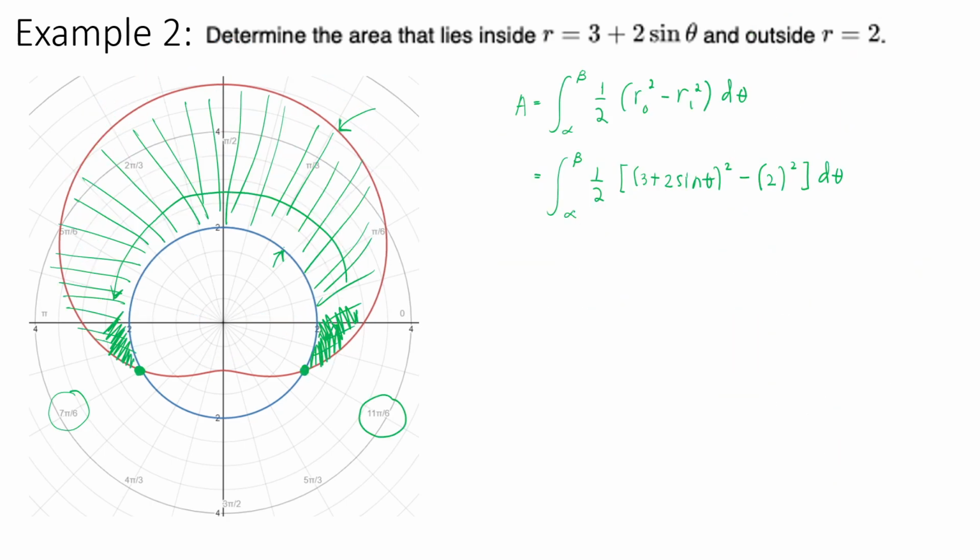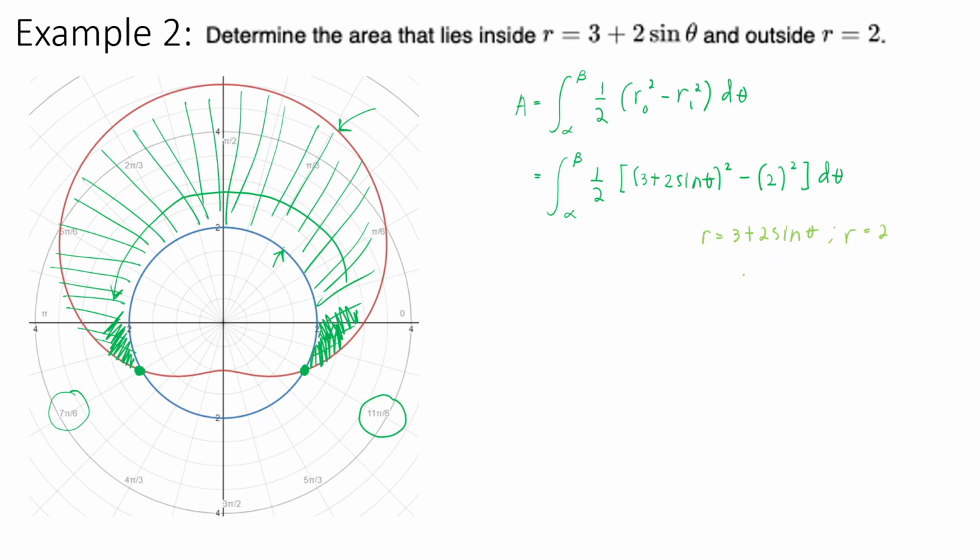Okay? So there's another way for you to solve the points of intersection. If you want to use this particular method, you may do so. Ang button ninyo is you just have to equate the two equations. You're going to have r equals 3 plus 2 sine theta, against r equals 2.